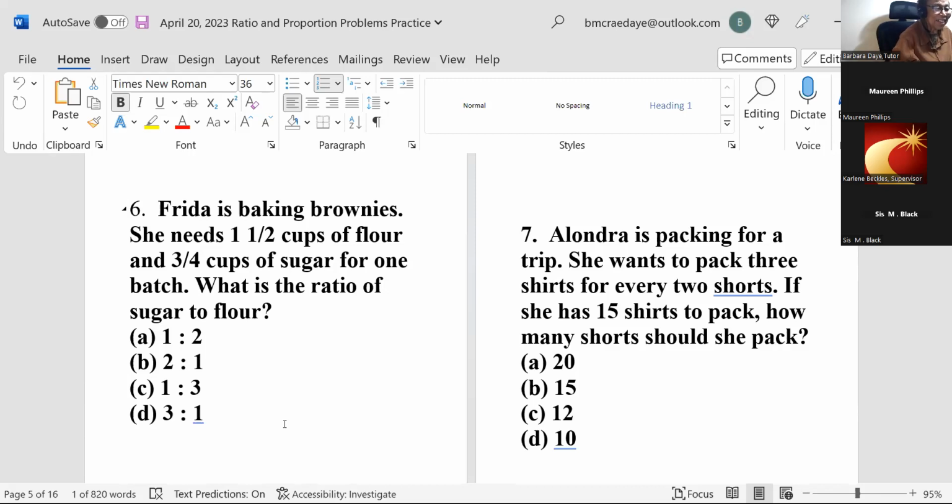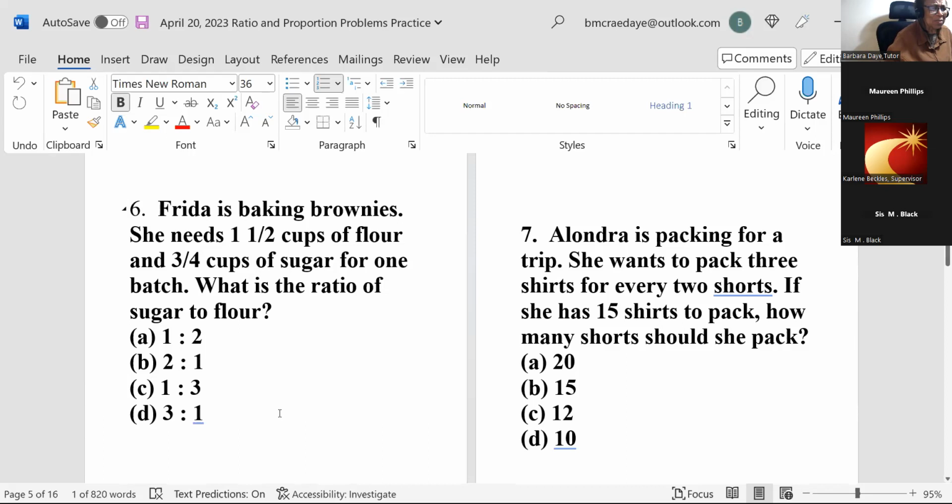Sugar is 3/4 of a cup. Remember, you've got the ratio of sugar to flour, so the sugar has to be on the top and then 1.5 on the bottom. Yeah, so it's 2-to-1.